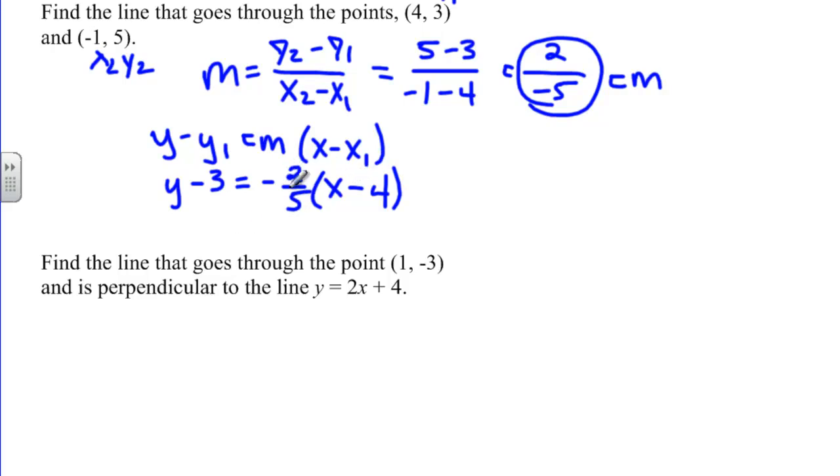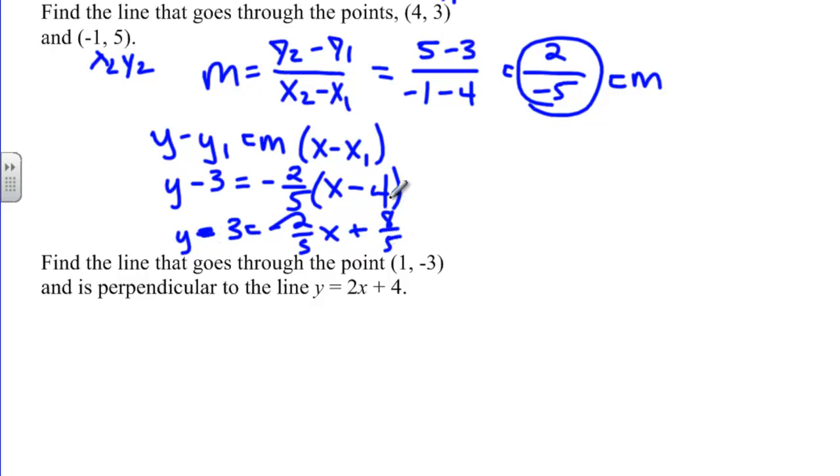Let's distribute the -2/5. That's y minus 3 equals -2/5 x plus 2/5 times 4, which is 8/5.